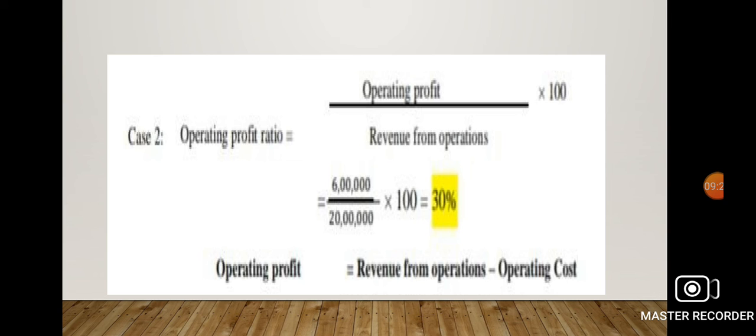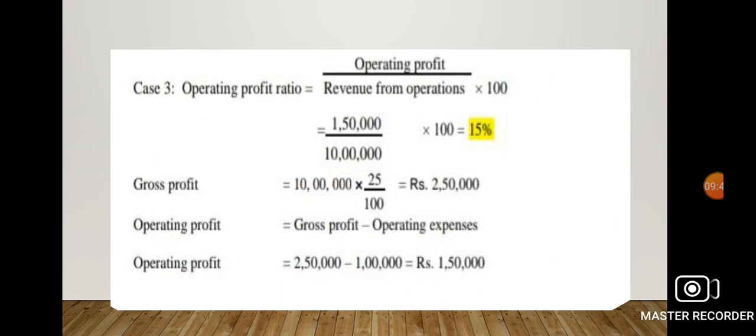Then operating profit is 2,50,000 minus 1 lakh, we get 1,50,000. Therefore operating profit ratio equals 1,50,000 divided by 10 lakh into 100, we get 15%. This is the operating profit ratio for case 3.